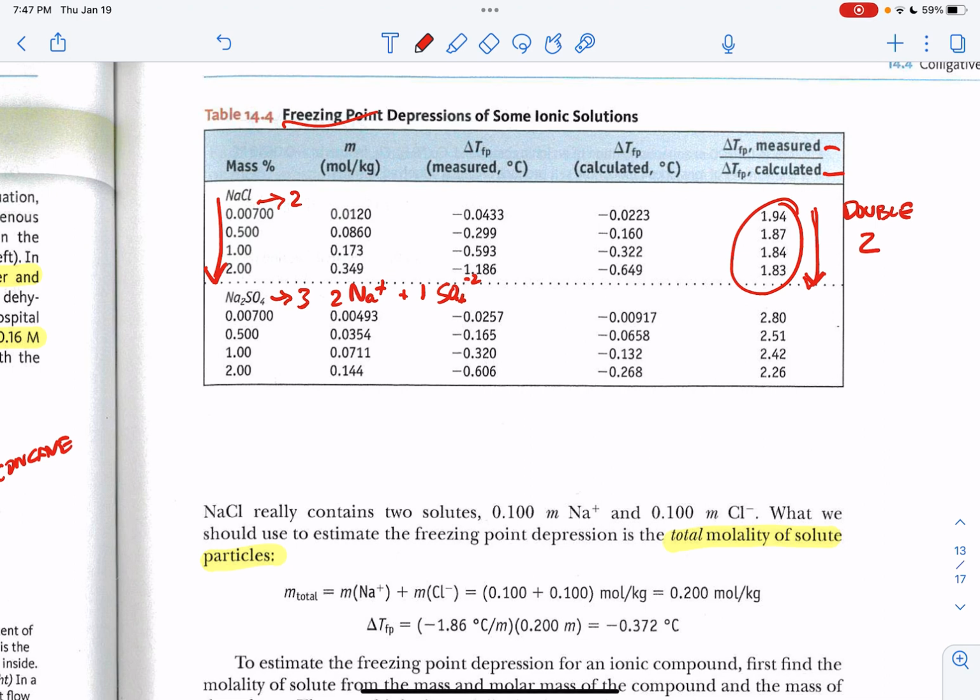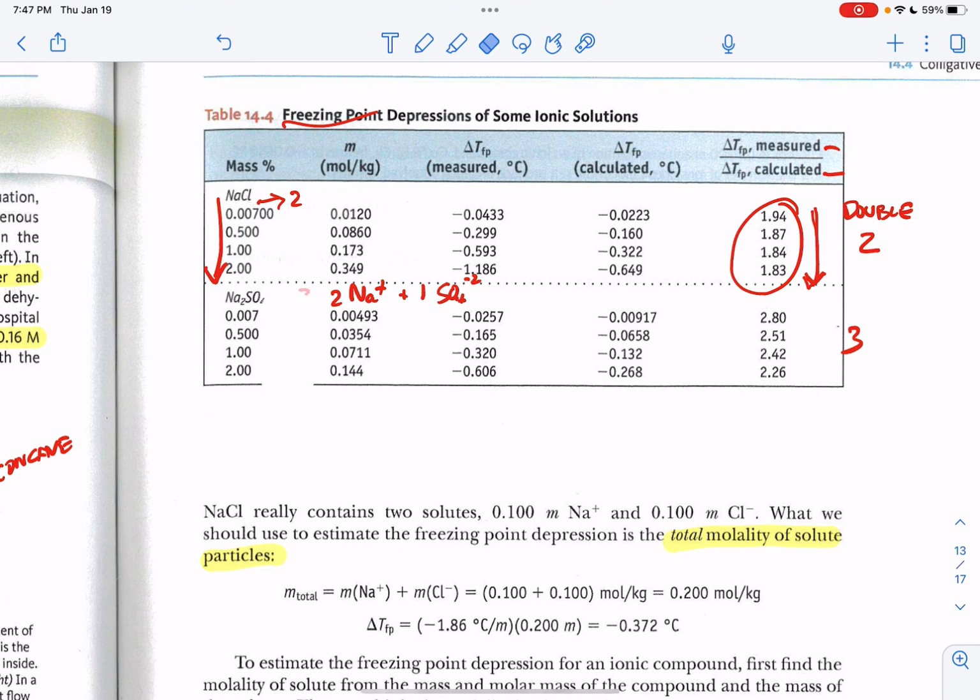So you would expect that the impact of sodium sulfate, if you were to dissolve it into water, would be a factor of 3 times the colligative property, 3 times the freezing point depression, 3 times the boiling point elevation, and so forth. But it's not quite exactly 3.